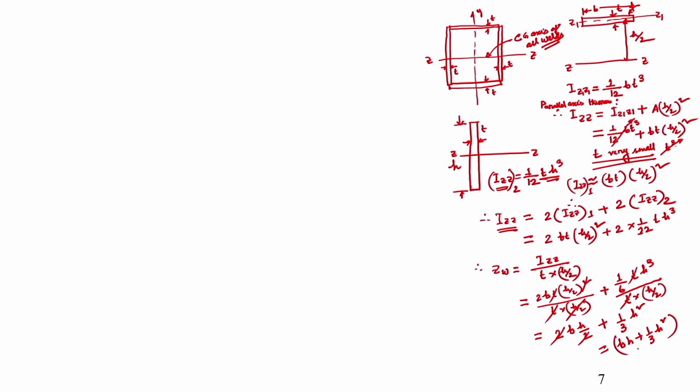So, you got the idea what is ZW. So, ZW you got, for this configuration of weld, ZW is equal to bh plus 1/3 h square. This you should keep in mind. For different types of configuration of this weld system, let us say these 4 side welds are there.